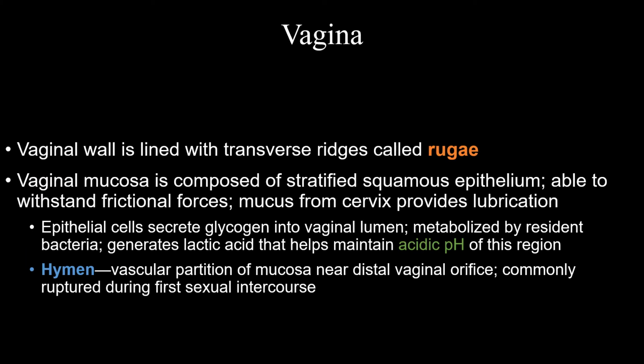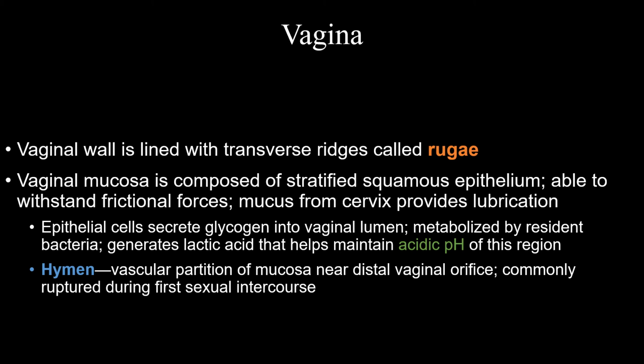Now, the mucosa of the vagina is a stratified squamous epithelium which allows it to withstand this friction. It has no glands, but it is lubricated by cervical mucus and secretions from the epithelial cells, which increase during sexual excitement. In addition, these epithelial cells will secrete glycogen, which resistant bacteria will break down and allow that to produce ATP and lactic acid.